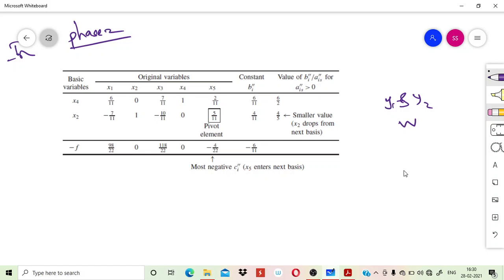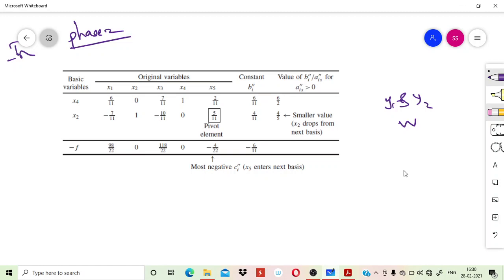That means you have to find out the entering variable as well as the leaving variable. So here the entering variable will be minus 4 by 22, the most negative value among minus 4 by 22 and minus 6 by 11.